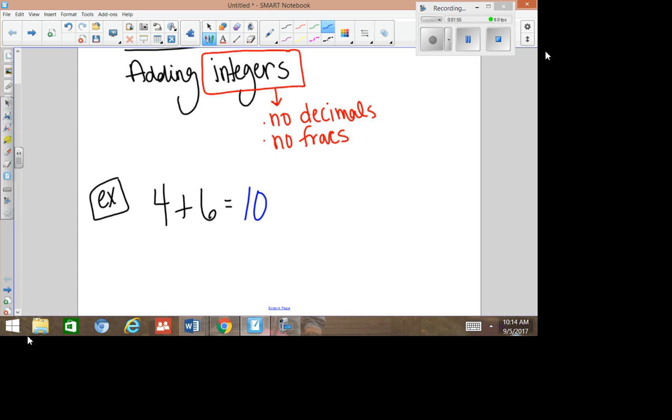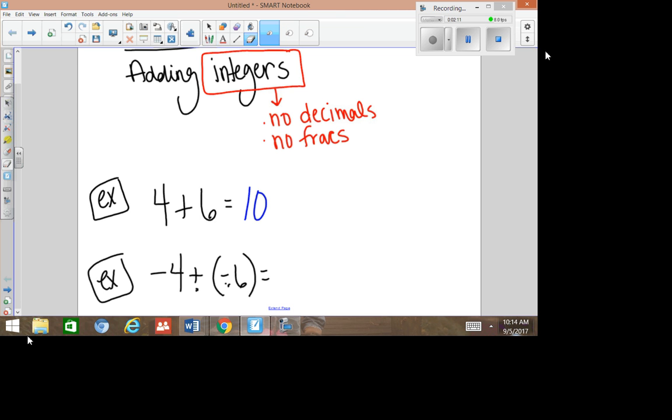So now let's consider something that has negative numbers. Let's go ahead and first look at this one. When you have two signs right next to each other, they will put the second one in parentheses just to give it some space. This is just still adding.